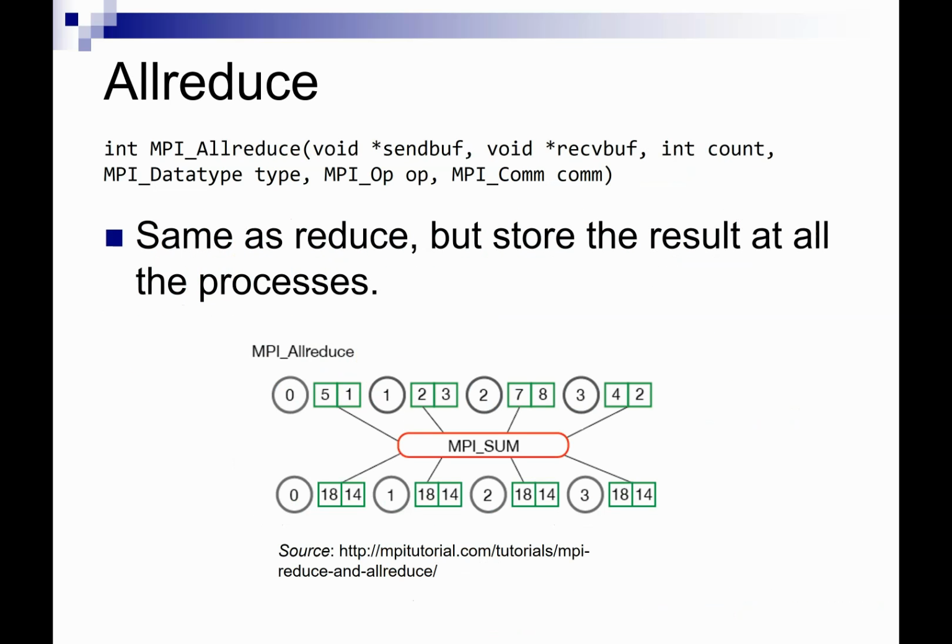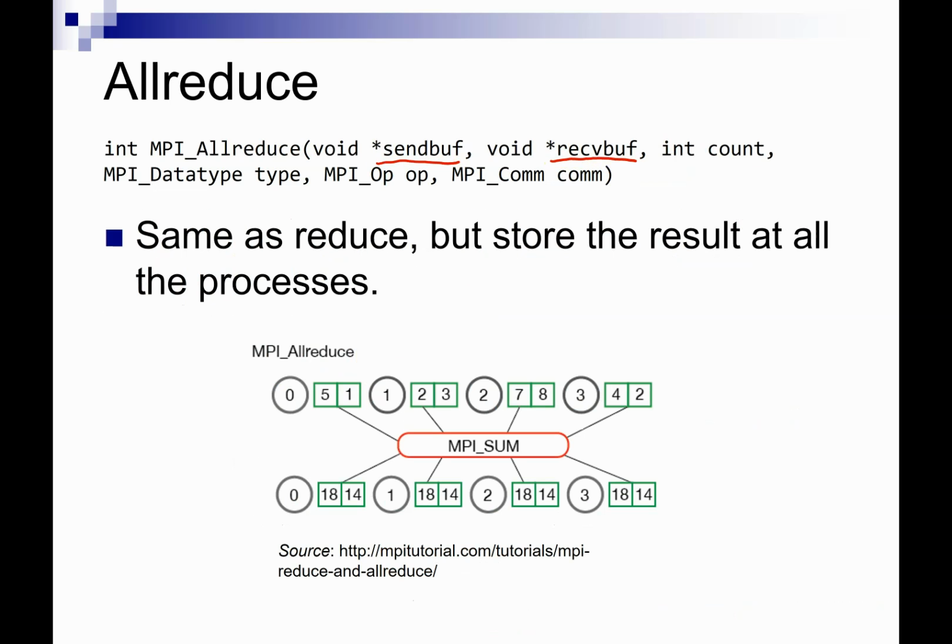Okay, so that's the reduce function where we reduce onto one particular target process. The all reduce function is very similar, except we're going to reduce these values onto every process. Okay, so therefore you don't need to specify a target process anymore, right? You just need to specify what is the data you're sending, right?